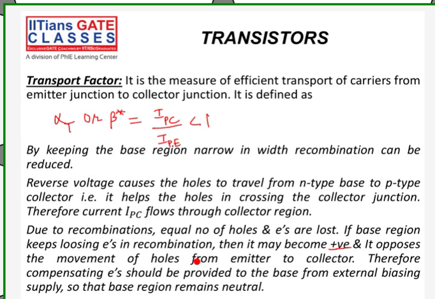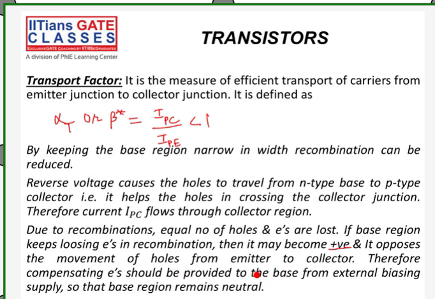Now when the base region becomes positively charged, it opposes the flow of holes which are coming from the emitter and going towards the collector. Therefore, compensating electrons should be provided to the base region.